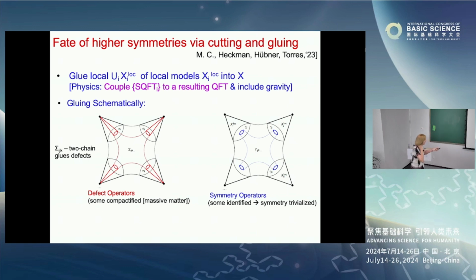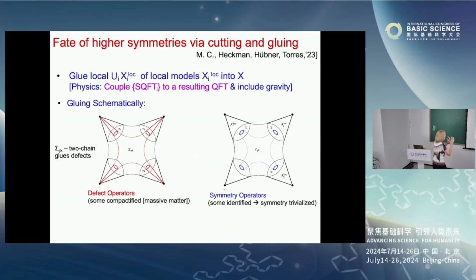Now, the non-compact cycles can, in some cases, be consistently glued. And what this gives us is now compact cycles. That means we are dealing with flavor branes that become dynamical, compact, and we are dealing with really physical degrees of freedom appearing. From the perspective of symmetry operators, which live on the boundaries, what happens in this case is they are identified and the symmetry is trivialized.